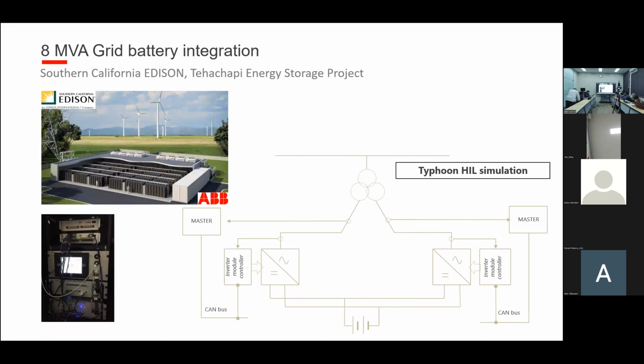Southern California Edison partnered with ABB to create a microgrid, but before that they used Typhoon to perform testing and validation of their controller before they tested it on their actual grid.